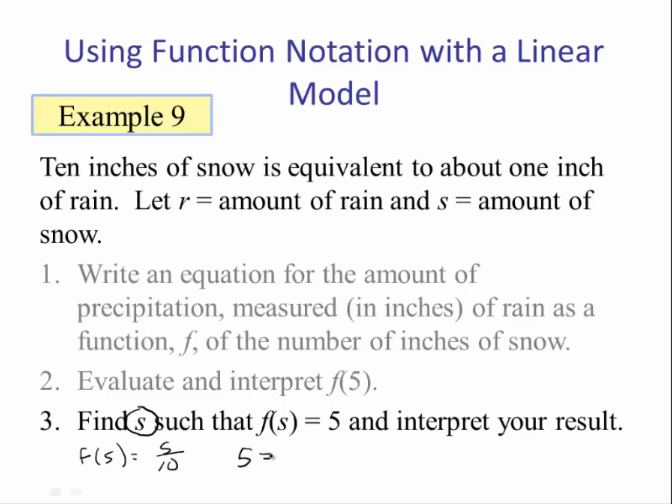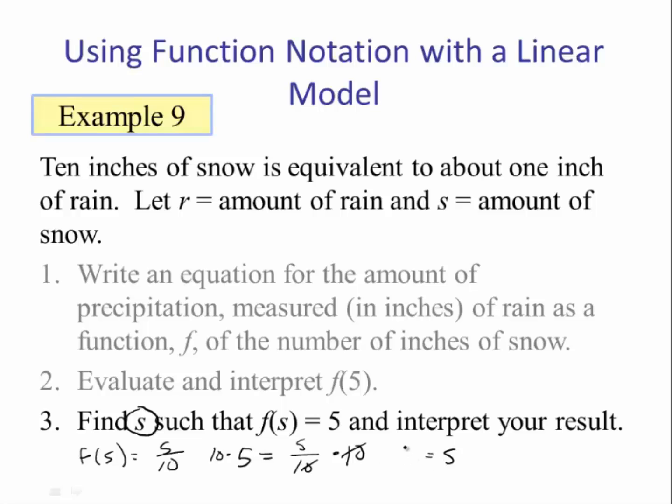So 5 is equal to s divided by 10. s is our variable, so we need to get rid of the 10, and since it is dividing the s, we do the opposite, multiply. So these will cancel. s will be by itself, but if we multiply the right hand side by 10, we have to multiply the left hand side by 10.